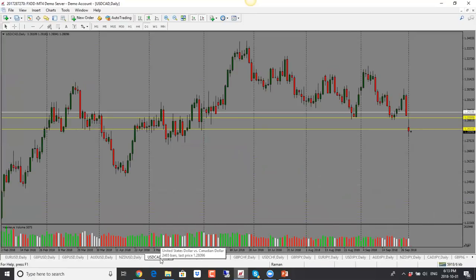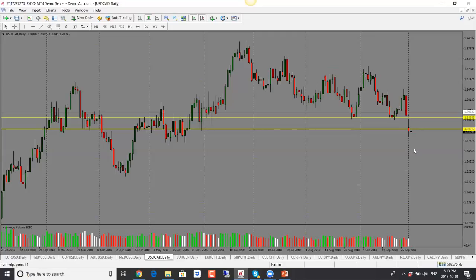Dollar CAD, this one was interesting. The reason we see this big gap here, right now it's gapped to the downside from the weekend, was because the US and Canada signed the trade agreement. It's not called NAFTA anymore. There's a new name for it, but they were able to sign the trade agreement.